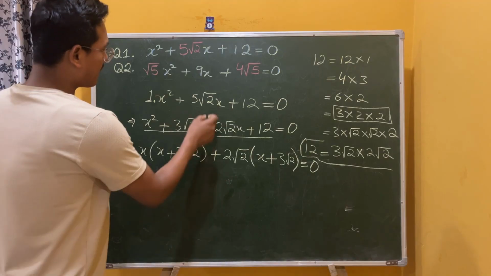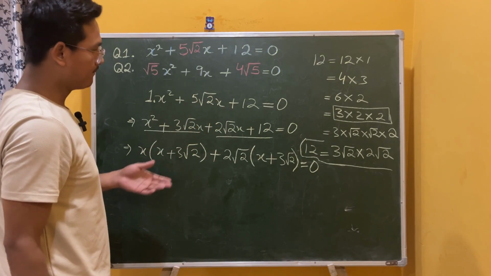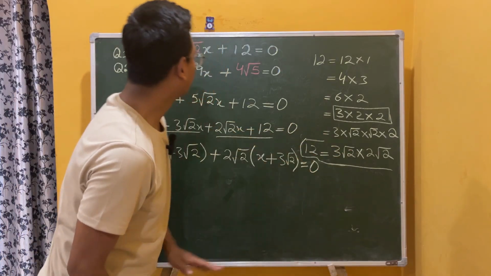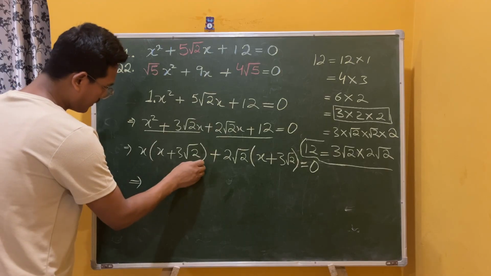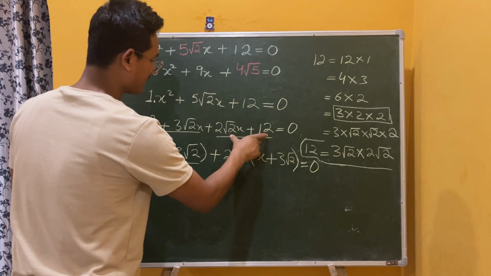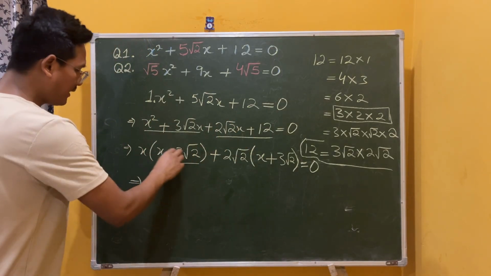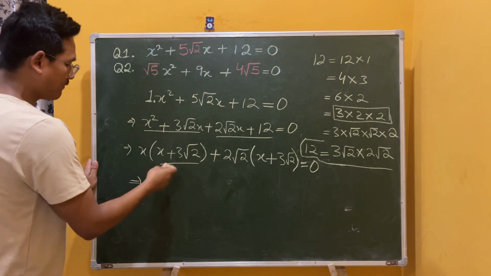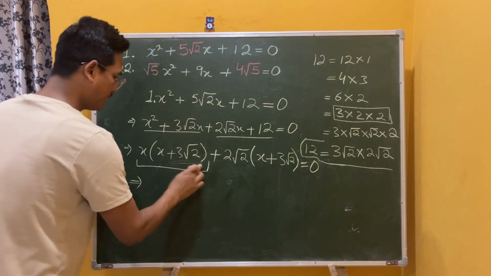And since we have perfectly split the middle term using this factor form, it's for sure that whatever common we get from the first two terms, the same common we are going to get from the second two terms.